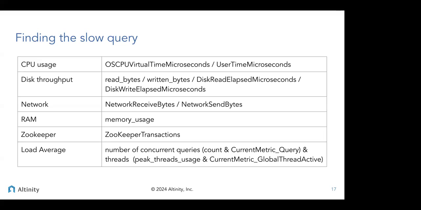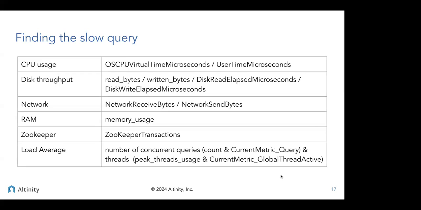Just by looking at the global system metrics, you can see, oh, my CPU usage is 100%, or my disk throughput is very high, or it often goes out of memory and so on. By looking at those basic monitoring tools, you can understand where your bottleneck is.